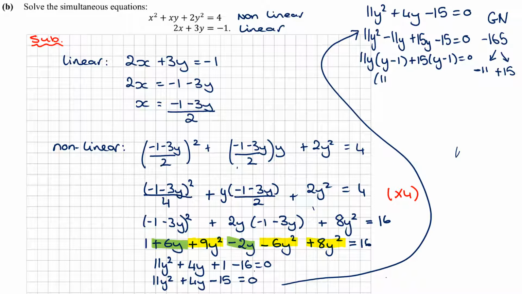So I get 11y plus 15 equals 0, and y minus 1 equals 0. So one of my roots is y equals 1, and the other root is y equals minus 15 over 11. So it doesn't look terribly pretty, but it is a good answer.